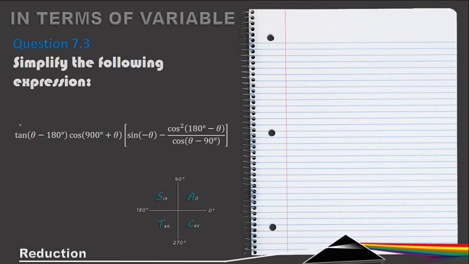So this one becomes negative tan 180 minus theta, because we've swapped the signs around, and then we use the reduction formula: tan minus x becomes minus tan x. Right, so if I can just write that here, minus tan for now, tan 180 minus theta.